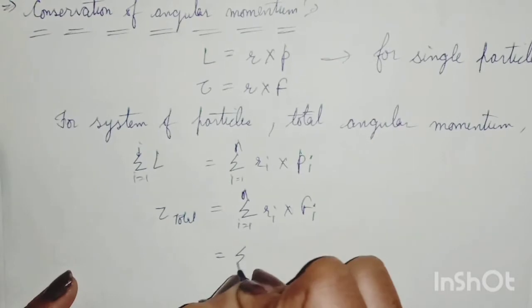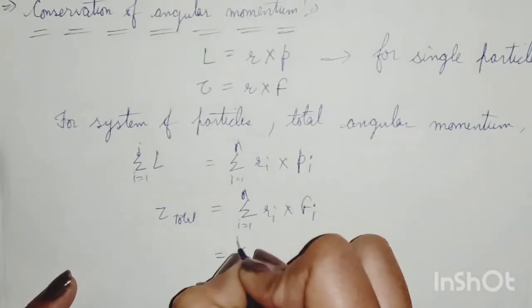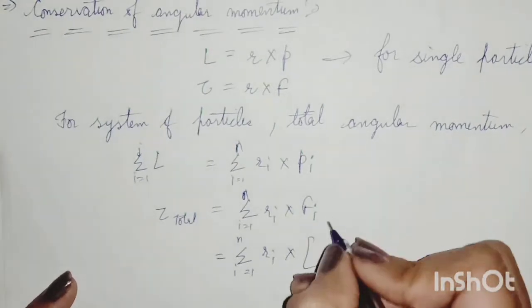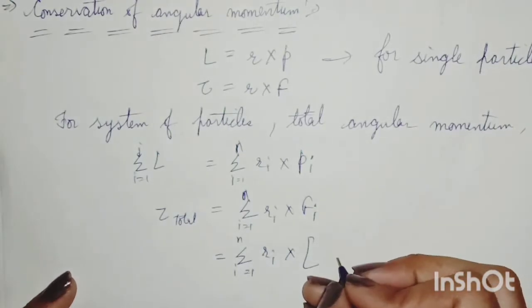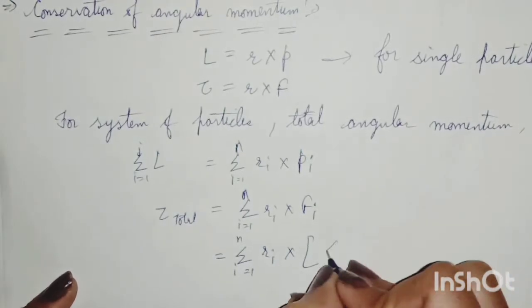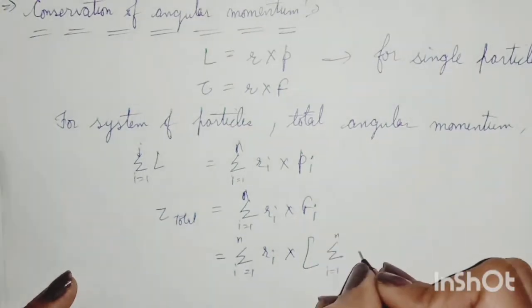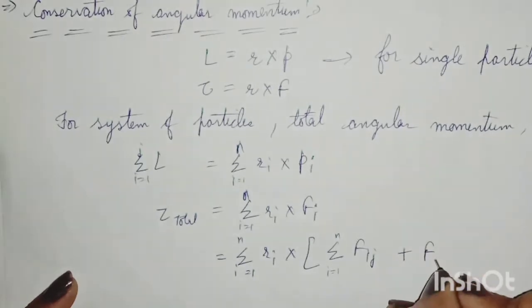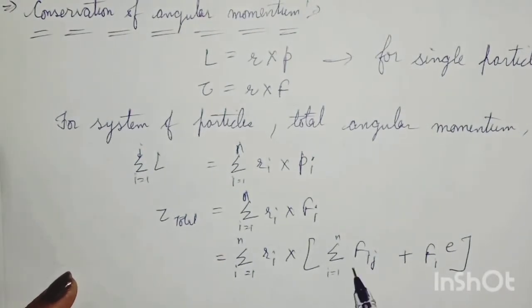So we can write summation i equals 1 to n ri cross F, the total force, which is the sum of F internal and F external. So we can write Fi equals summation Fij plus Fi external, which is our F internal force and this is our F external force.